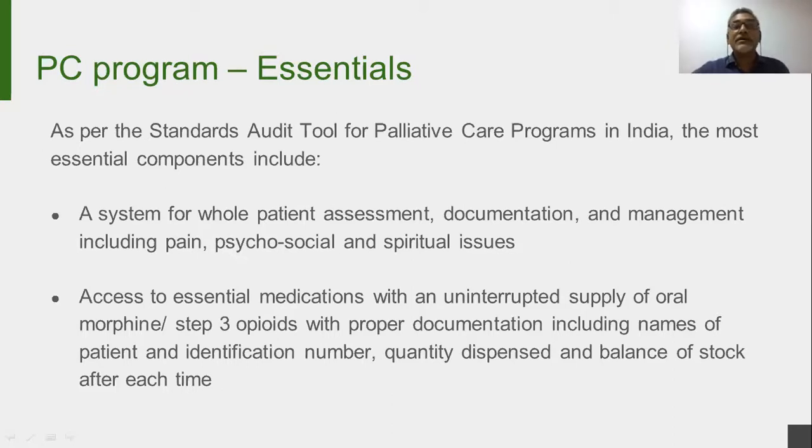So it involves that whole patient assessment, documentation, all those things which are considered as essential components. And of course, opioids. Now, I believe you have had a separate session on opioids availability, how to ensure the proper documentation and the special care that you need to give while handling opioids and all that. So next.